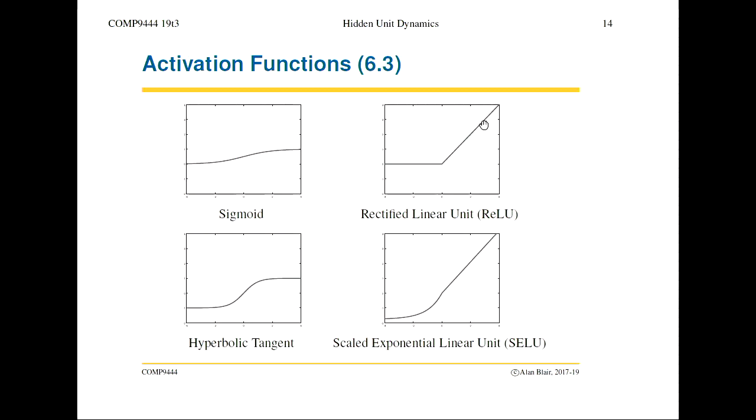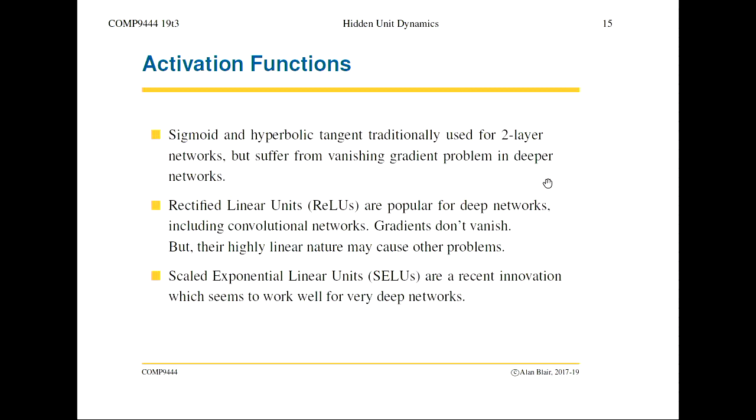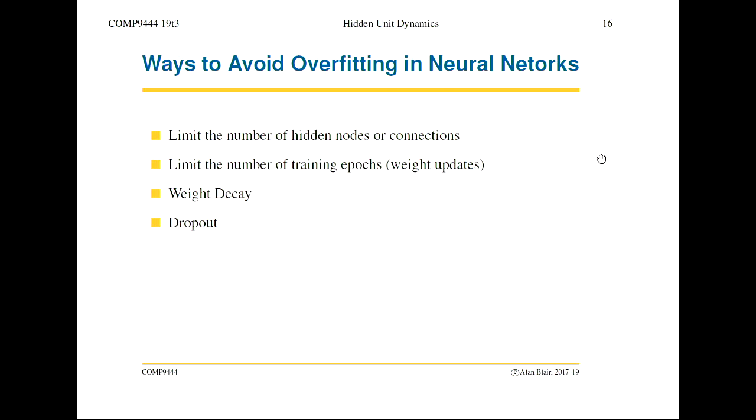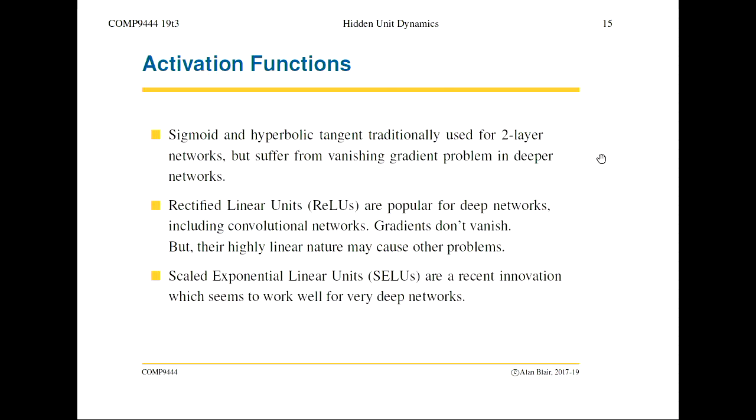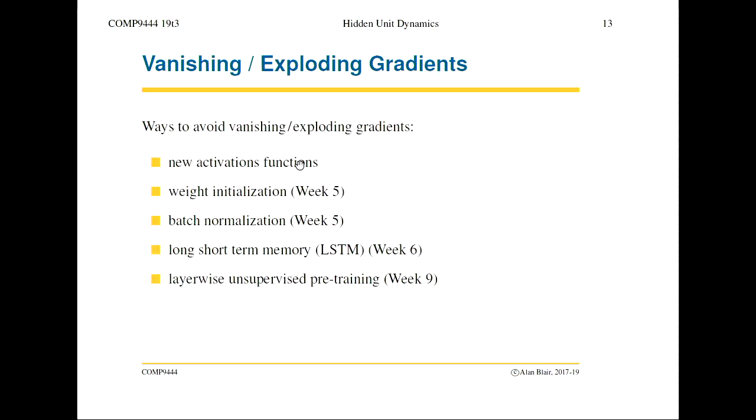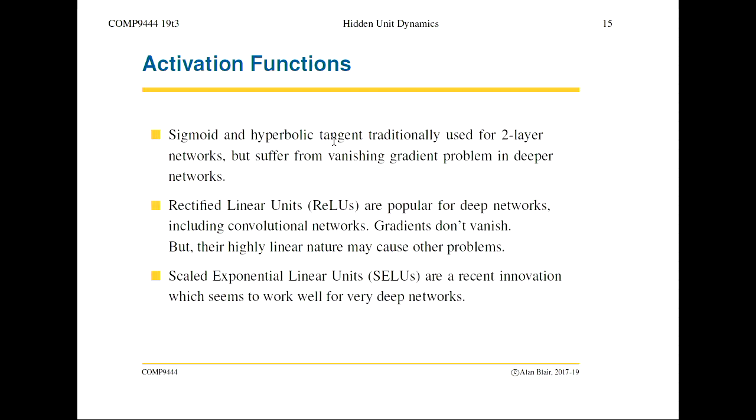And you can see the gradients are never going to vanish here, because if you're on this side of the equation, the gradient just gets multiplied by a constant. Okay, so like I said, that's just one way of avoiding vanishing and exploding gradients. We'll get to others as the course progresses.